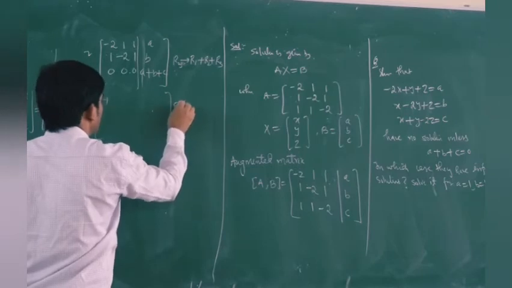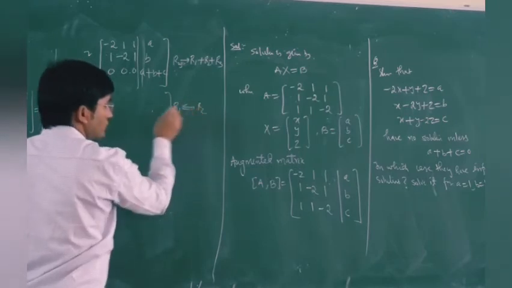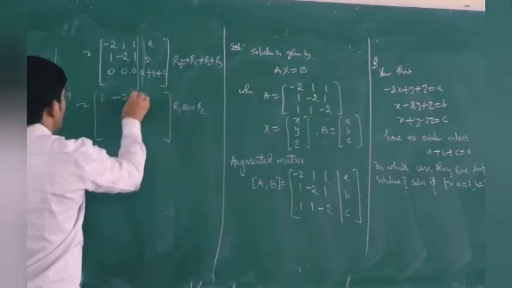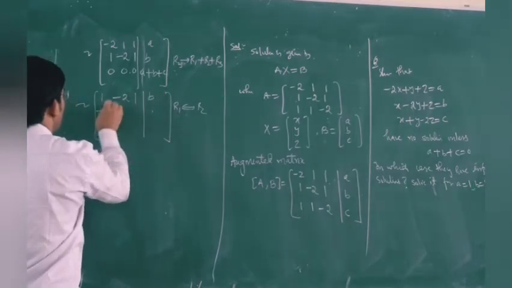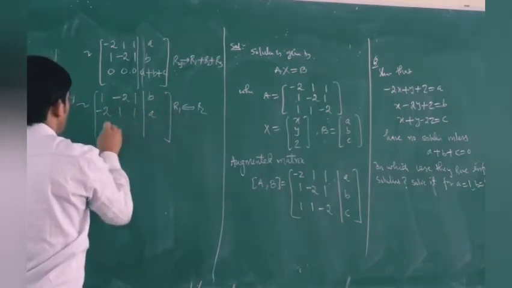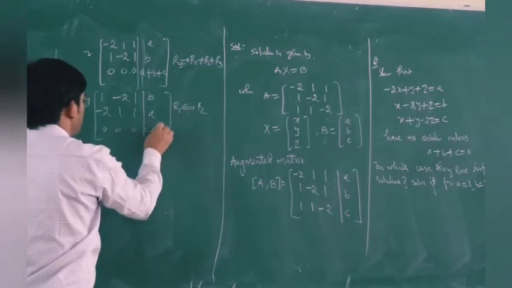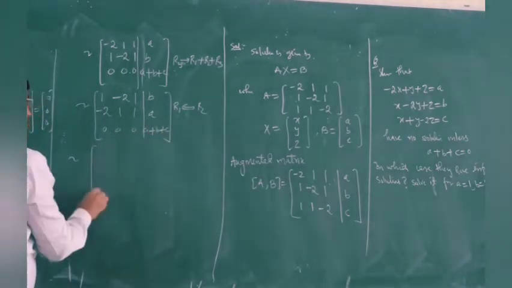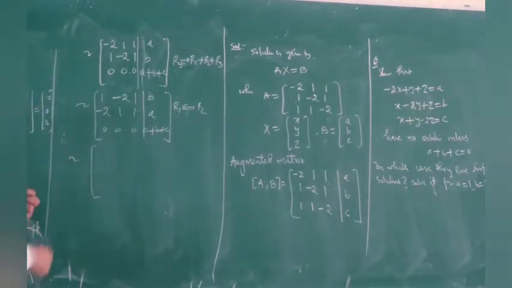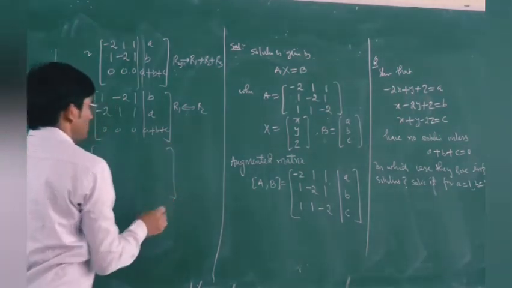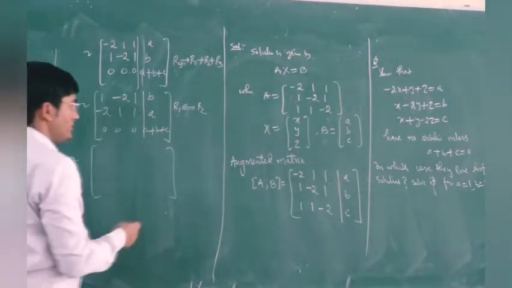Again, let us interchange R1 and R2. So we have 1, minus 2, 1, b, minus 2, 1, 1, a, 0, 0, 0, a plus b plus c. Although there is no need to interchange these rows, I am doing it to have an easy calculation.